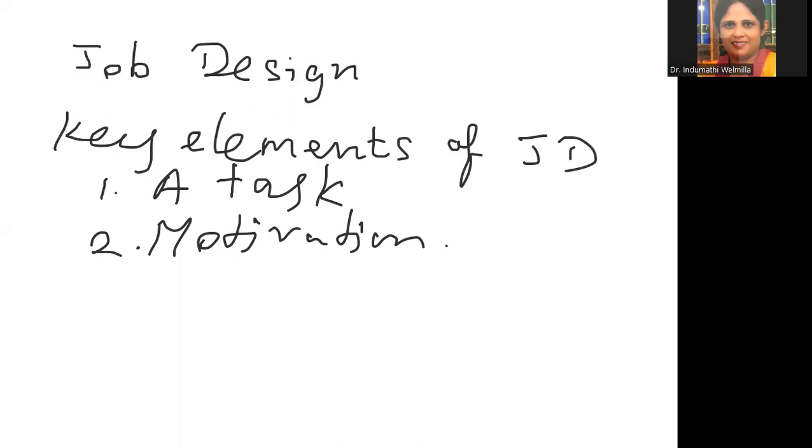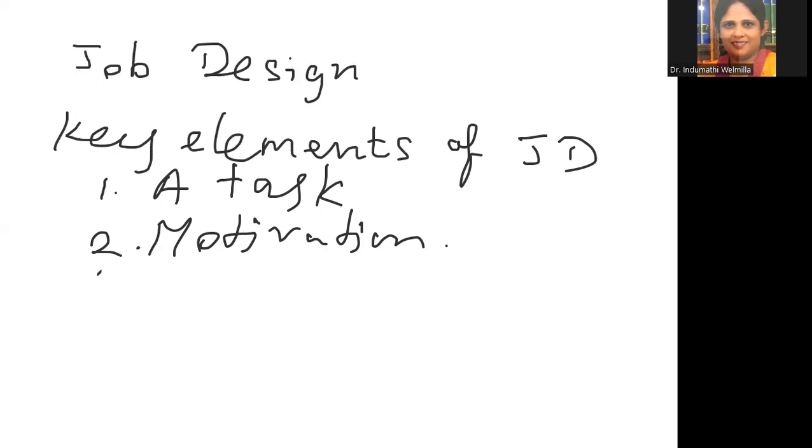Individuals need to be compelled, excited, and fascinated to do their work. So managers should design jobs that motivate employees. They have to keep this in mind and always consider the motivation of employees when designing jobs.